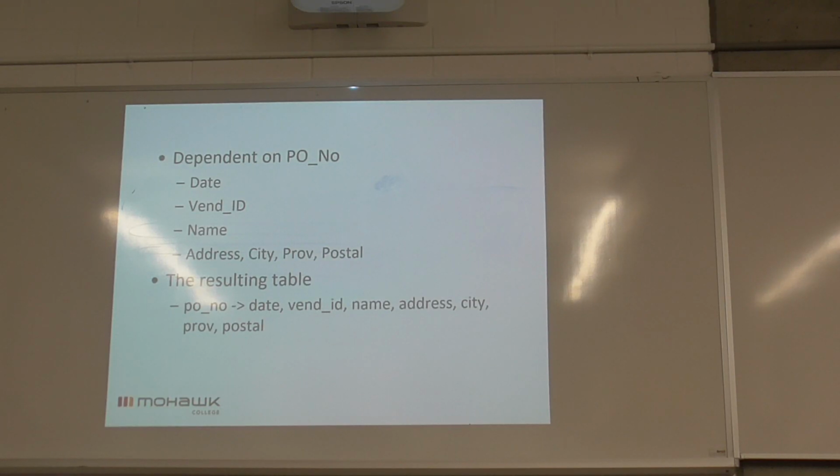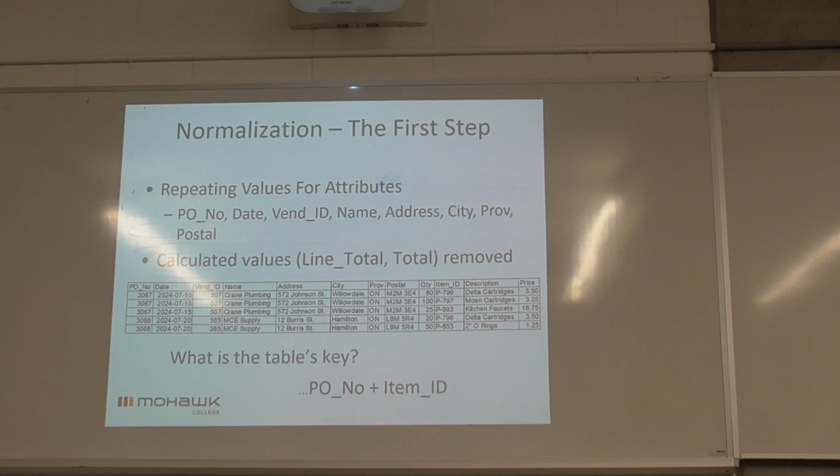So items which are dependent on the purchase order, this one, this one, this one, this one, this one, this one, this one, right? And things which are dependent on the item ID are description and price, right?